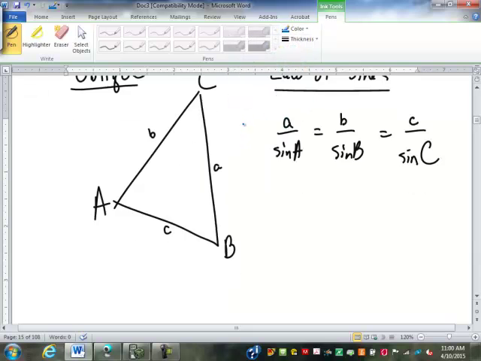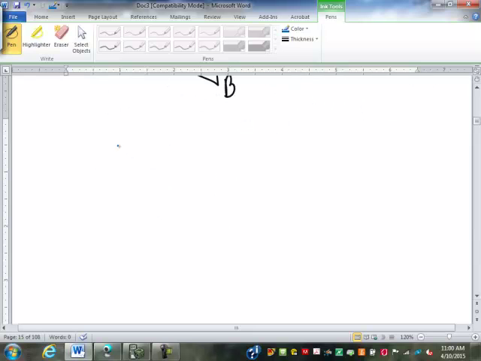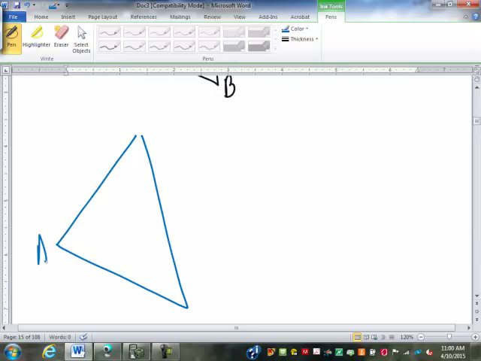So let's take a look at an example of this. Let's do a triangle with some numbers in it. Let's start out here with an angle of 81 degrees and over here 72 degrees. And I'm going to have a side over here of 19 feet.